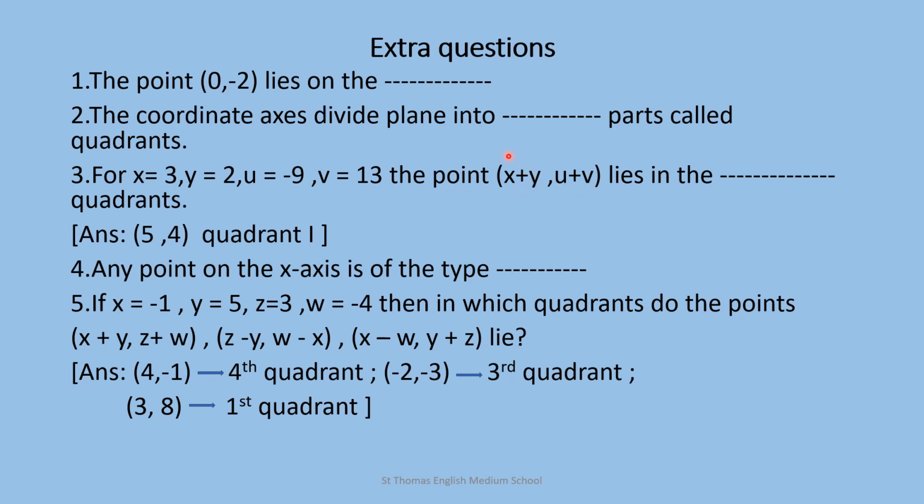Your x coordinate will be x + y. That is, x is 3, y is 2. So x + y means 3 + 2, that is 5. Your x coordinate is 5. u + v, that is -9 + 13, that is 4. So the y coordinate is 4. So (5, 4), both are positive coordinates. So it will be in the first quadrant.